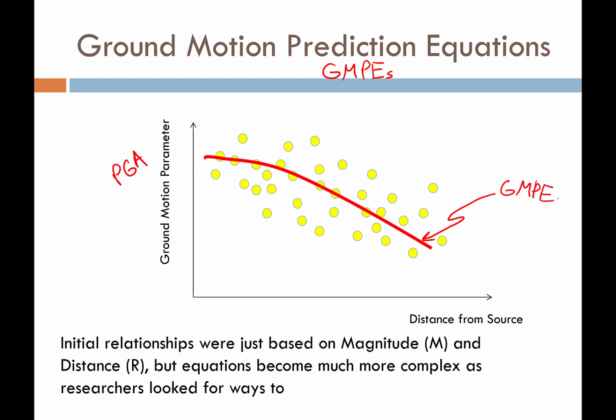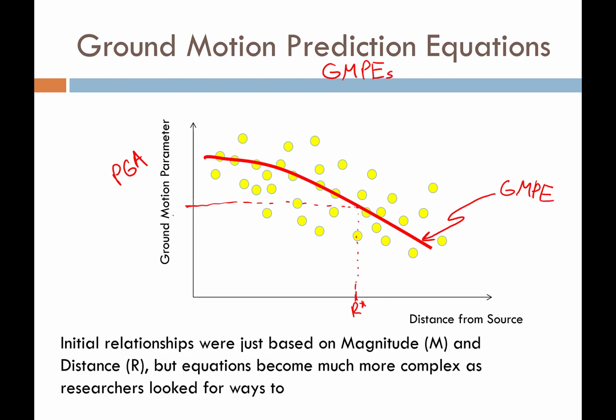And that's a relationship now that we can say for some future earthquake, if I know a distance, say r star, from my site to some seismic source, I can predict what that ground motion parameter from that seismic source would be.